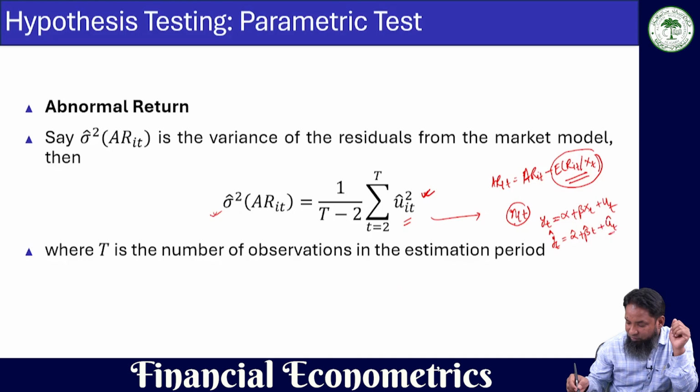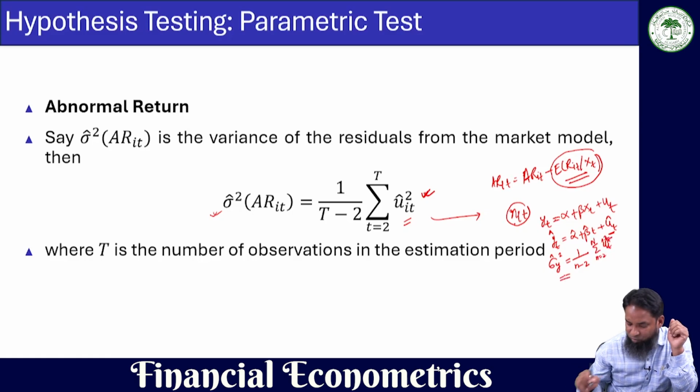And there we have discussed the variance, sigma hat squared, was 1 upon n minus 2 times the summation from t equals 1 to n of u hat_t squared.